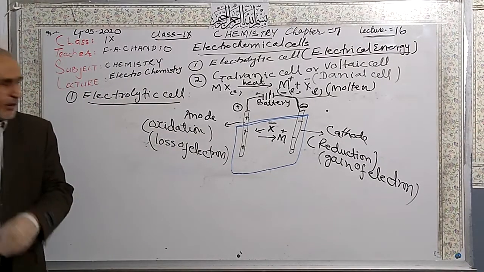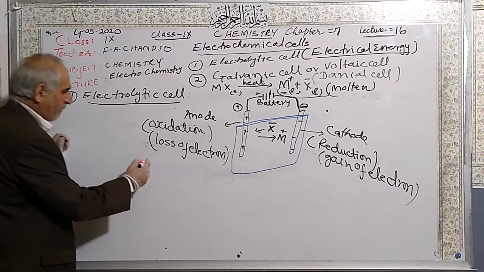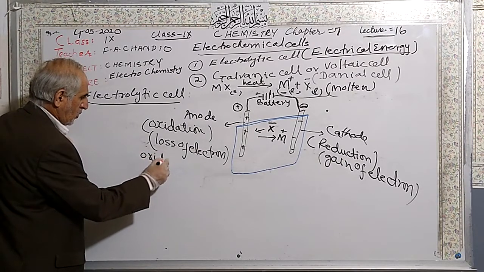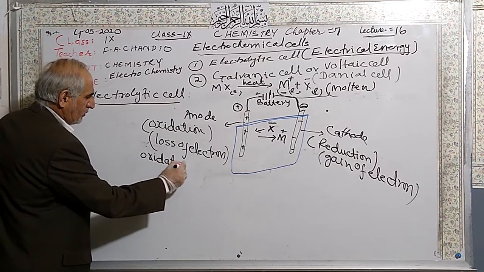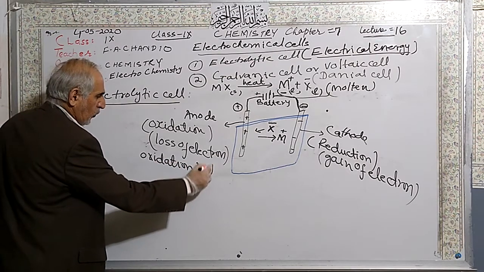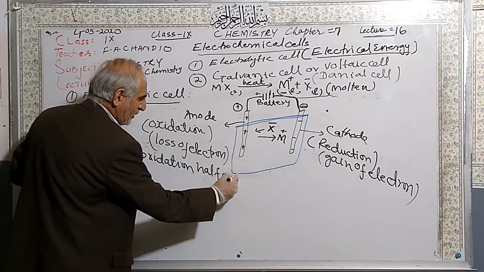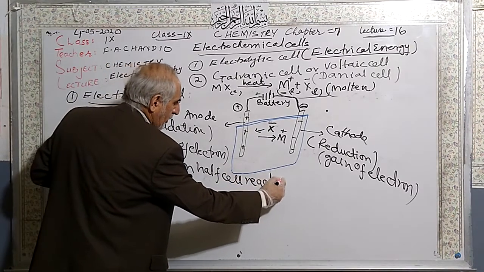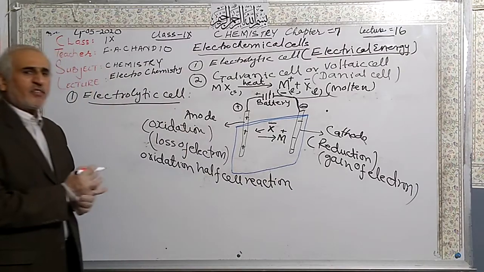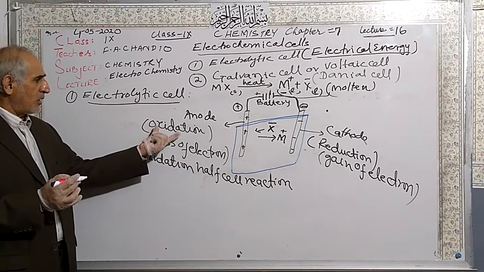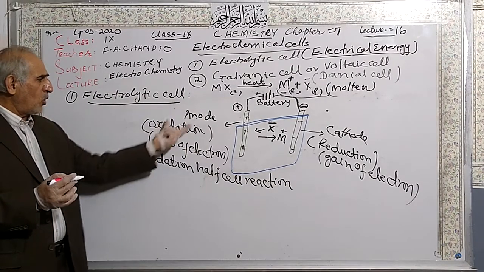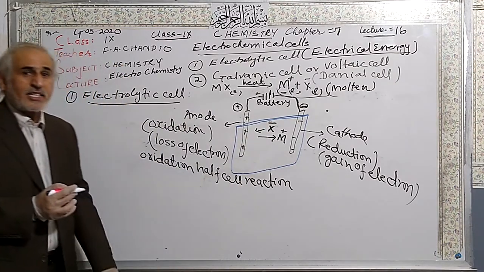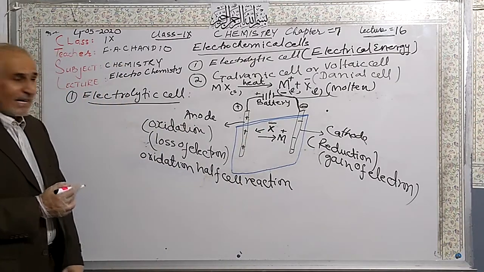Now, dear students, I am going to write here the oxidation half cell reaction. Here, this side, at the anode, oxidation, and these negative ions are going to be collected here.